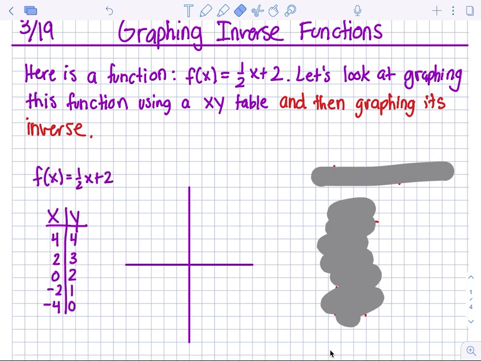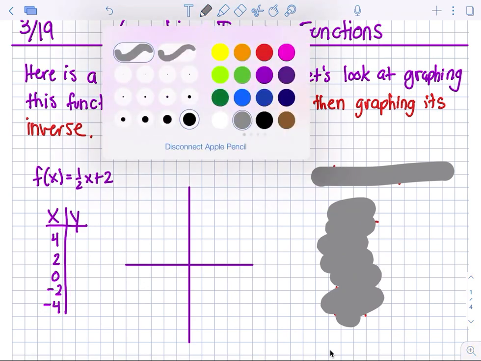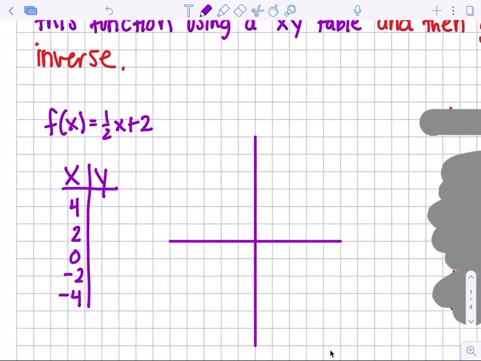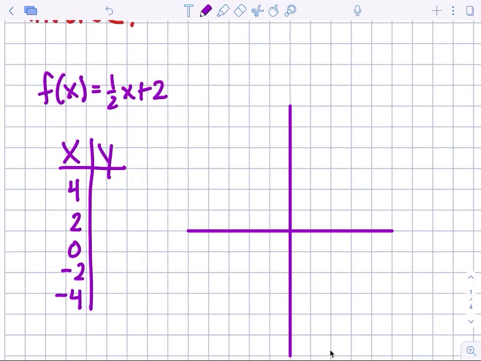Next, you guys, I just rewrote it and I'll show you how to do this. So this is our original function, and now we want to just plug in points to solve for this.